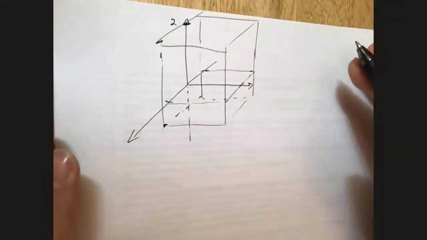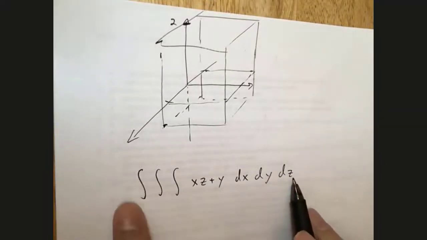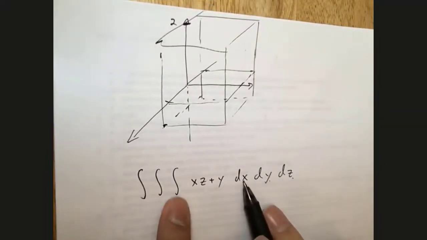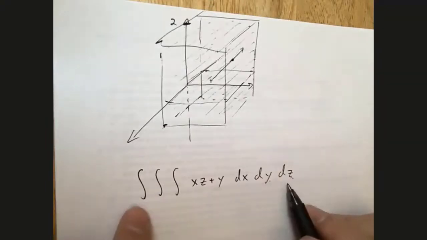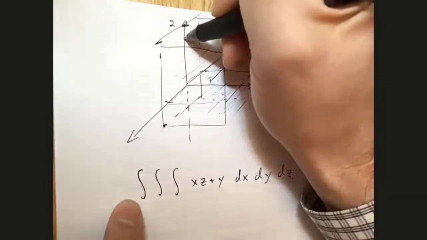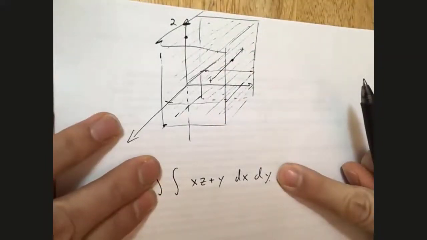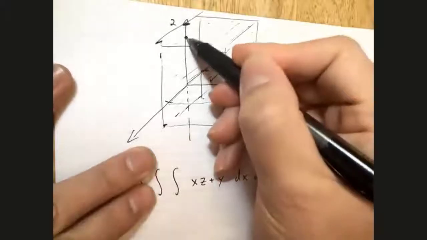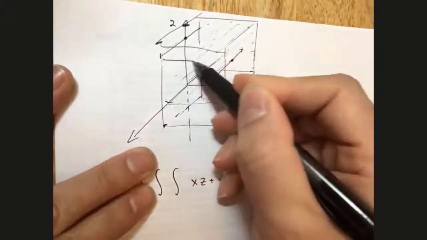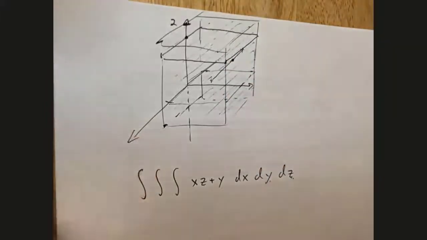So when we set up the integral like this, what we're doing when we're working our way towards the innermost integral, we're thinking of fixing a z. For each z, you're doing an integral with respect to dx dy. So you could think of that as an area integral. So for each fixed z, I'm actually finding the area, integrating over this area within my box.